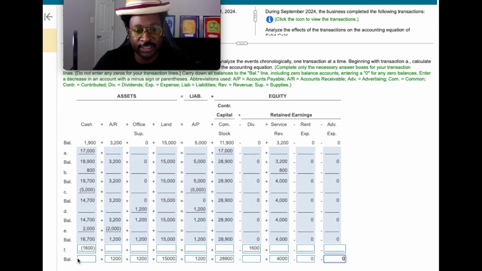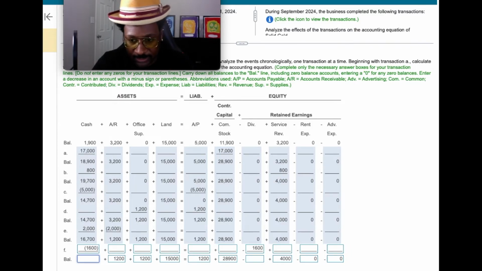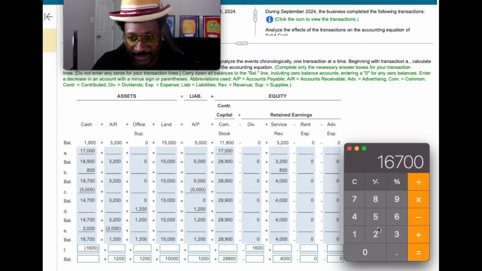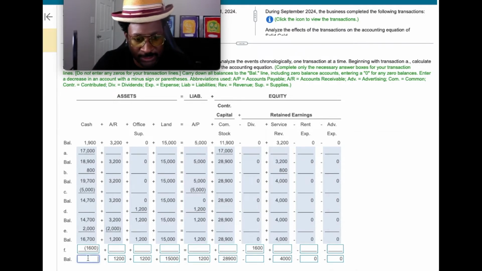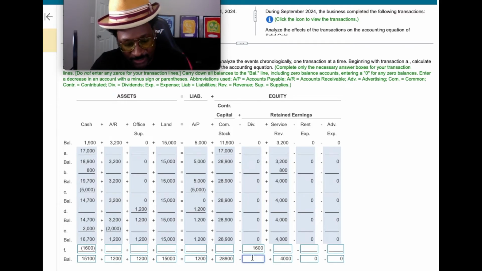Then we're going to adjust the amounts for the accounts that were affected. So we have a cash balance of $16,700 initially, but we just paid $1,600, so our new balance for cash should be $15,100. And our dividends account now has a balance of $1,600. We're going to check the answer.